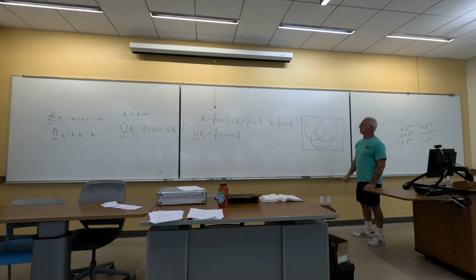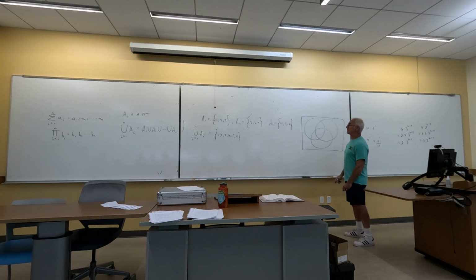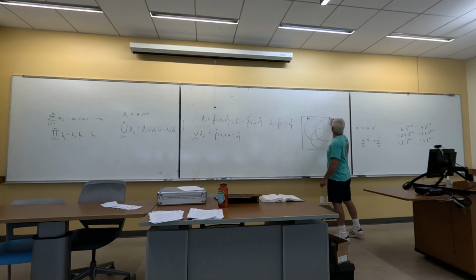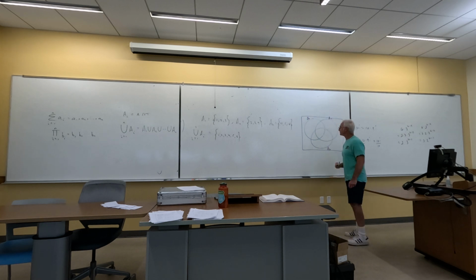All right, first of all, what's in the middle? Is there anything in the middle? No. So, is there anything that overlaps? Let's call this one A1, let's call this one A2, and let's call this one A3.